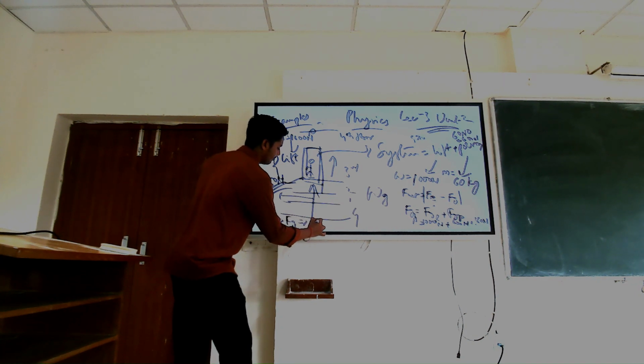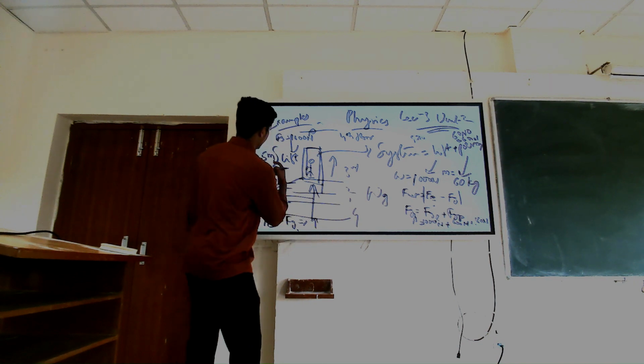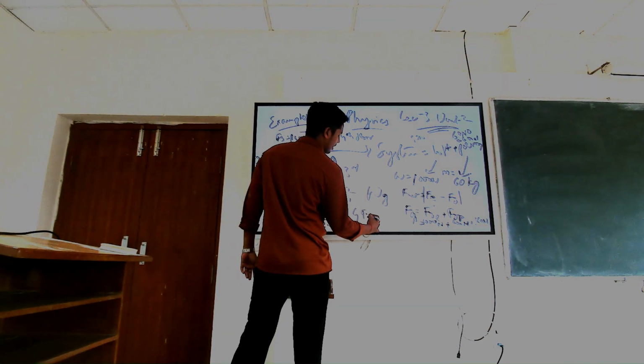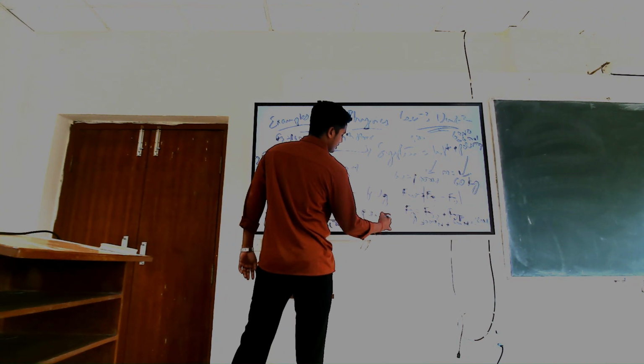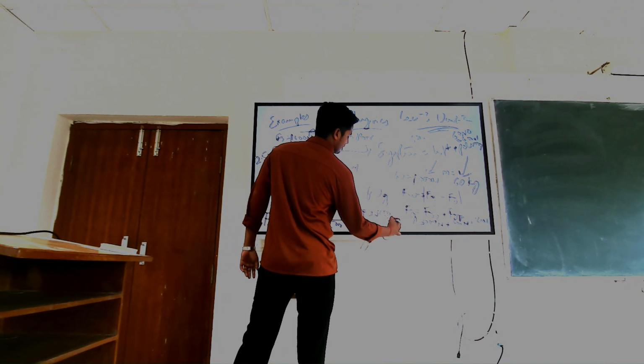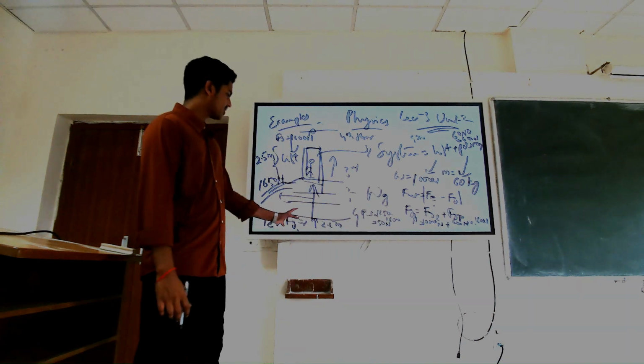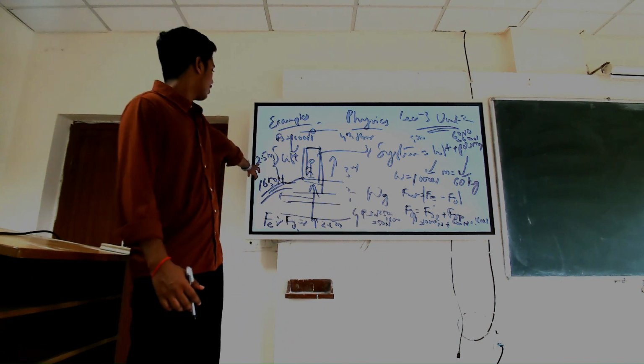So therefore the lift will move up 2.5 meters. The resultant force F net is 1650 minus 1600, which is 50 Newton. With 50 Newton force, the system will move upwards by 2.5 meters.